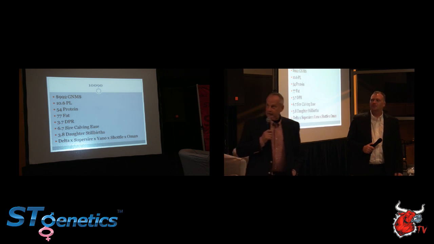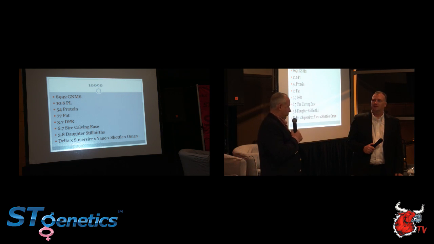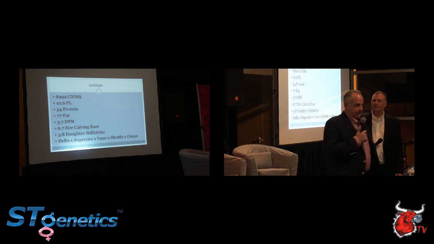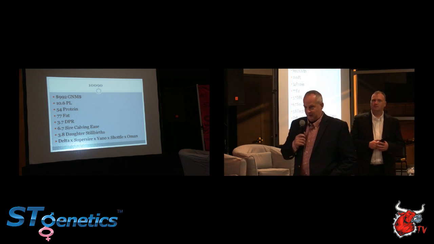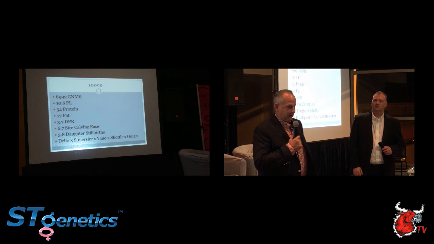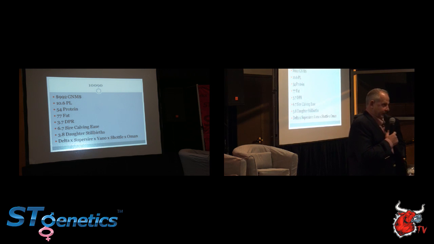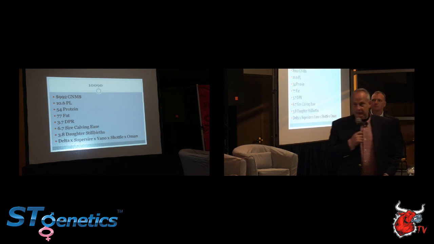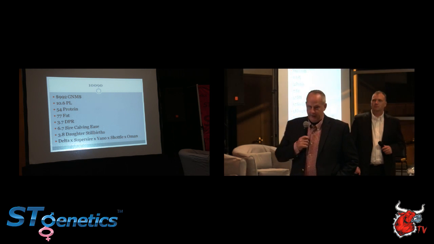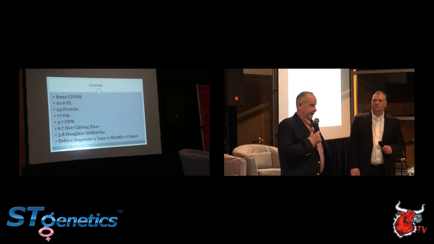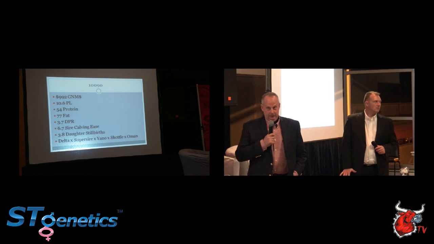I think what I'm proudest of here is her daughter Stillbirth is 3.8. Daughter stillbirths are a big problem all over the world. In Wisconsin, the average daughter stillbirth rate is over 11%. That's unacceptable. And I'll show you the economic impact of that in a later slide, of what daughter calving ease and DOA and stillbirths can make.